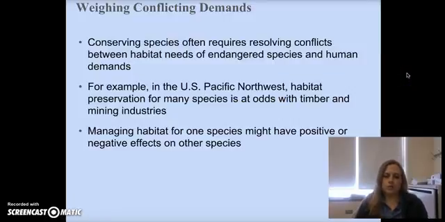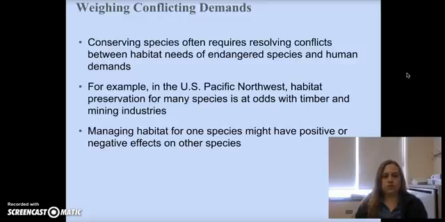One thing that's really interesting when we talk about conservation biology and restoration ecology is that a lot of times you have to weigh conflicting demands. Conserving species often requires resolving conflicts between the habitat needs of the endangered species and human demands. A really good example is in the US Pacific Northwest. Habitat preservation for a lot of species is very much at odds with the timber and the mining industries.